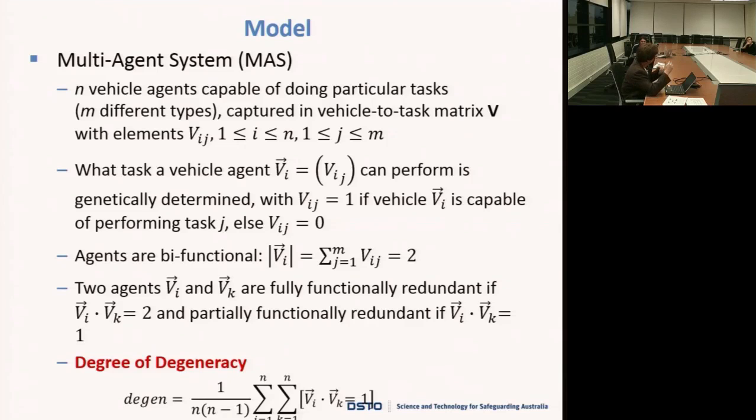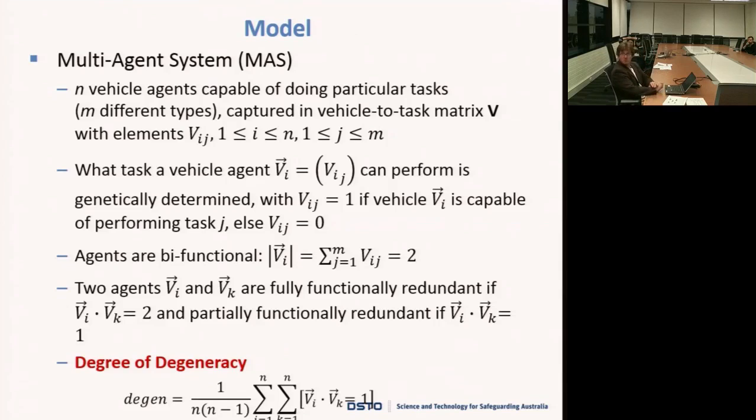Or they have a partial overlap, and then the scalar product is 1. And if they are completely different, then obviously you get 0. With this, we can now define a measure of how much degeneracy you have in a vehicle fleet.